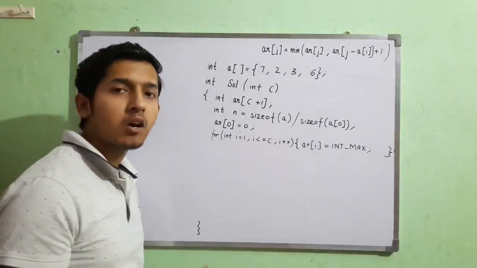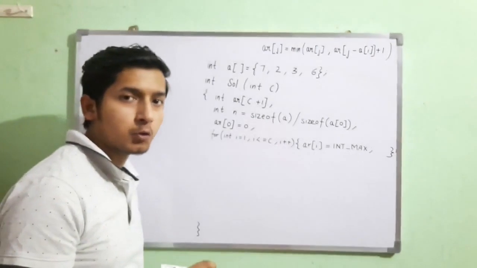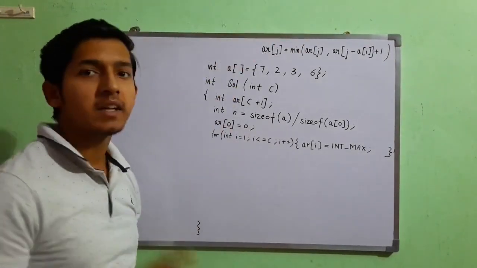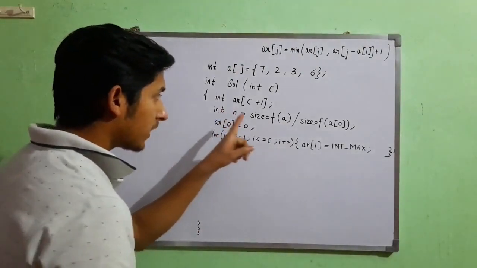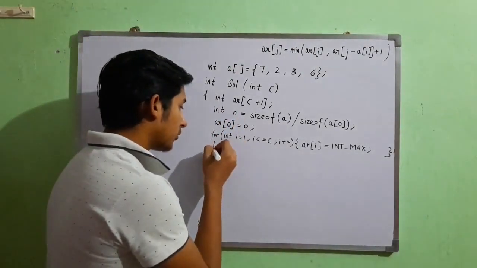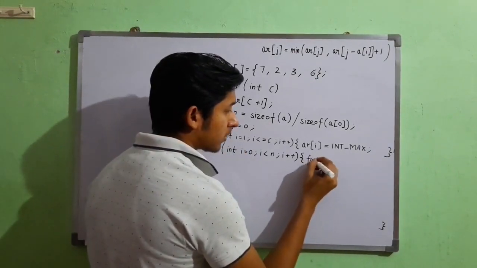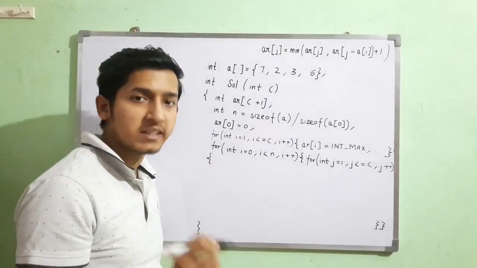Now I'll use a nested for loop that has I for each value in A and J for each value in AR. Now there is a condition.